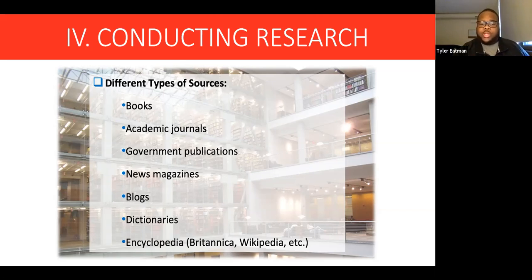But if you are interested in looking for these types of sources, if you type Google Scholar in your Google search bar and write your topic, it gives you books, academic journals, articles, a whole bunch of stuff with citations and everything already available.